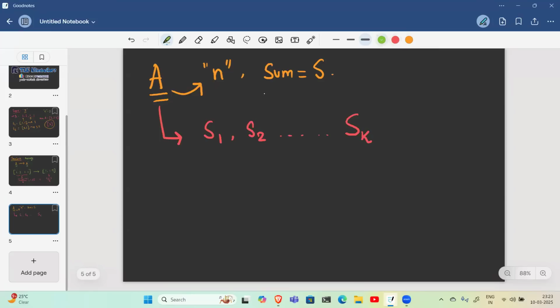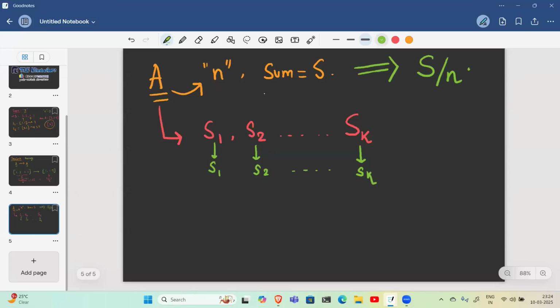Let's suppose that their sums are small s1, small s2, and so on till small sk. Now, what is the average of the old array A? The average is the sum, capital S, divided by the total number of elements n. So it's capital S by n.